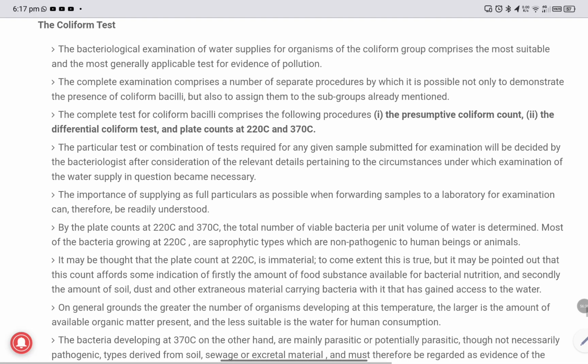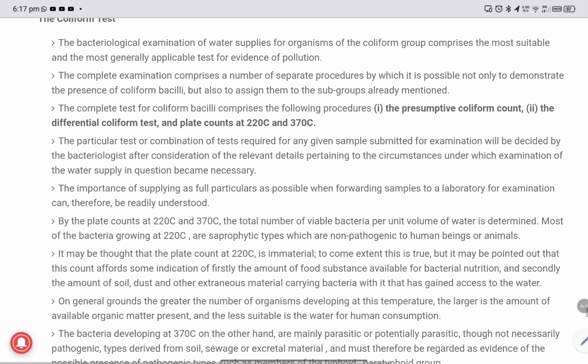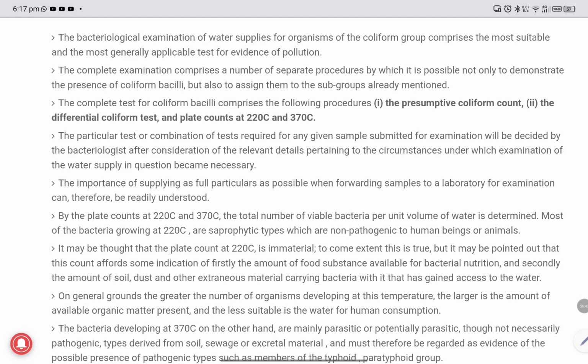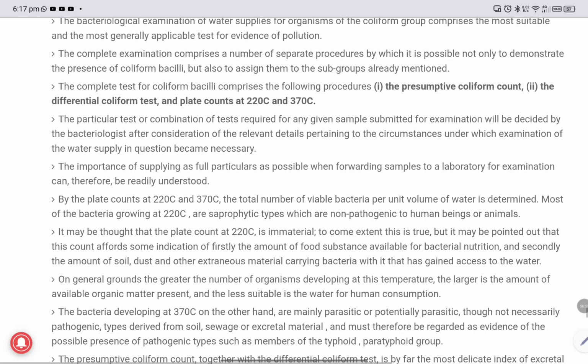The complete test for coliform bacilli comprises the following procedures: the presumptive coliform count, the differential coliform test, and plate counts at 22 degrees Celsius and 37 degrees Celsius.